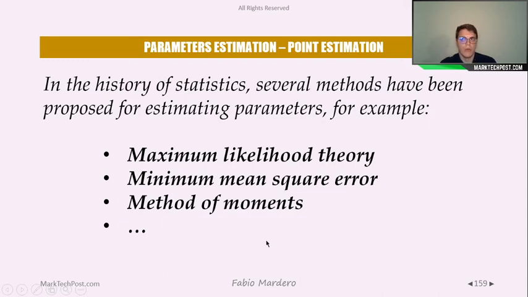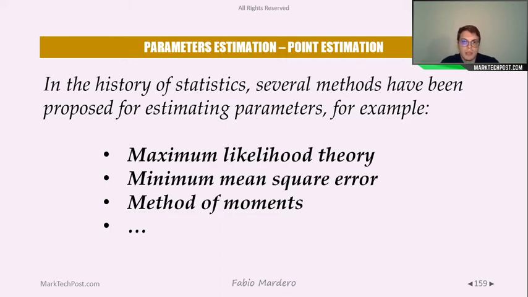But alright, we have defined what an estimator is and the fact that we want to do a point estimation. We have described some particular properties that we would like to find in the estimator we build.